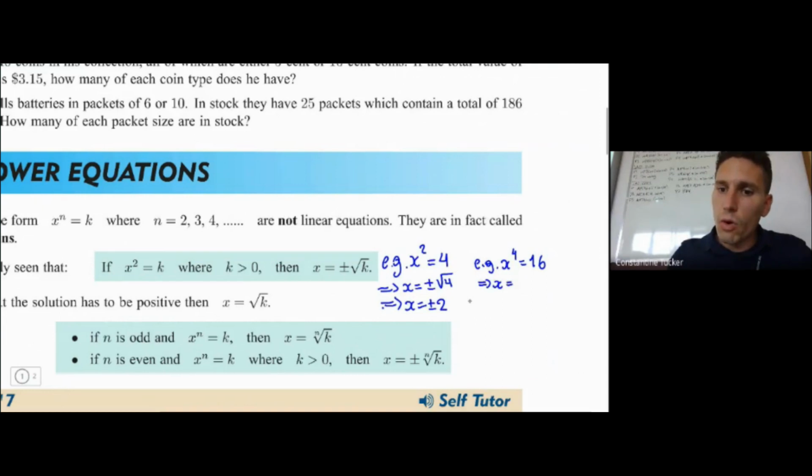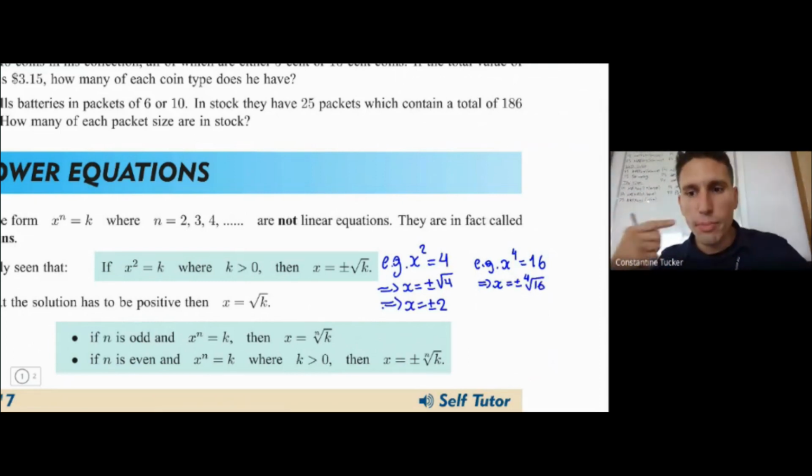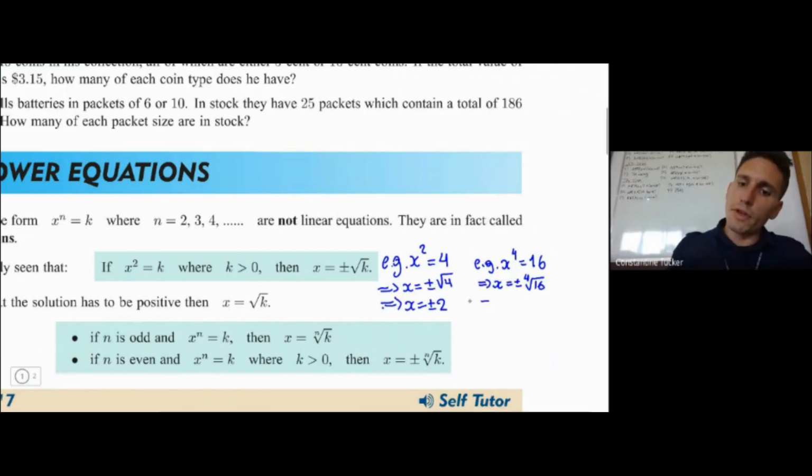Only now we will have two solutions given by plus or minus the quartic root, or fourth root, of 16. So basically, let's think about what number raised to the power of 4 will give us 16. That number is 2, because 2 times 2 is 4, times 2 is 8, times 2 is 16. So therefore, here we will have the answer plus or minus 2.